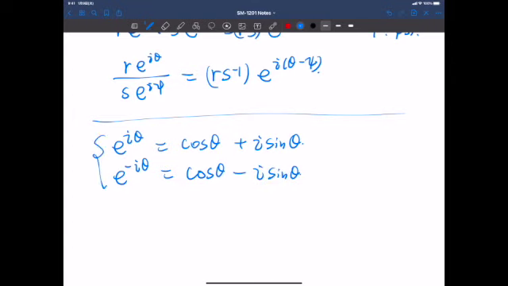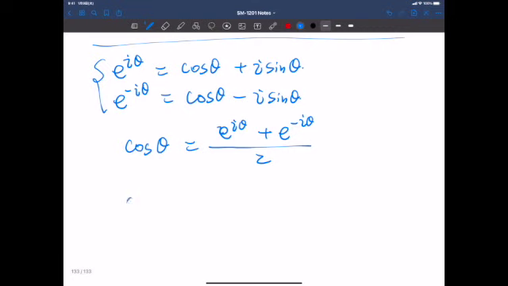So from these two equations, we can derive that cosine theta can be expressed as exponential of i theta plus exponential of minus i theta over 2, and sine theta as e to the i theta minus e to the minus i theta over 2i.